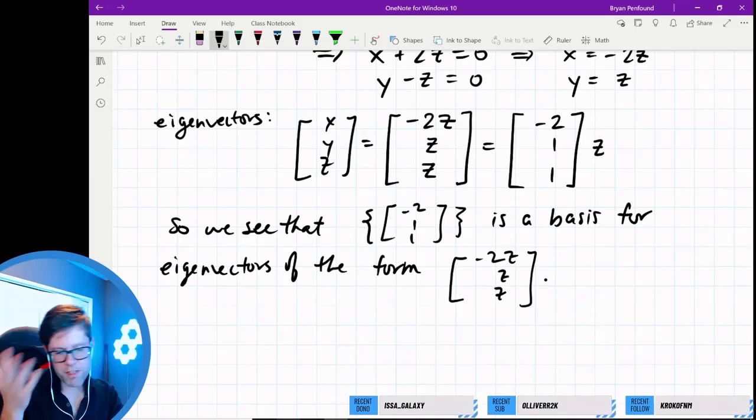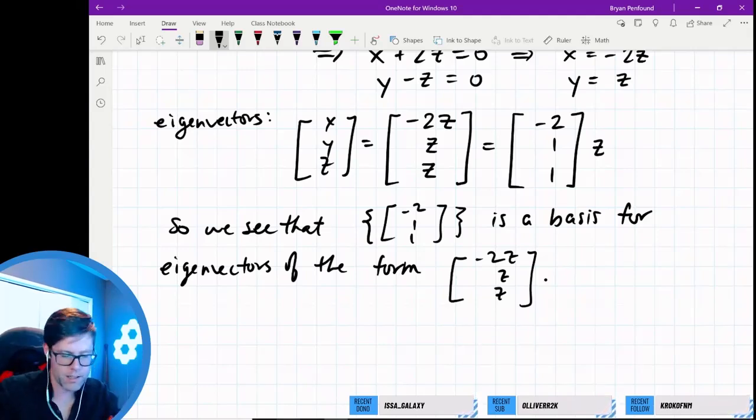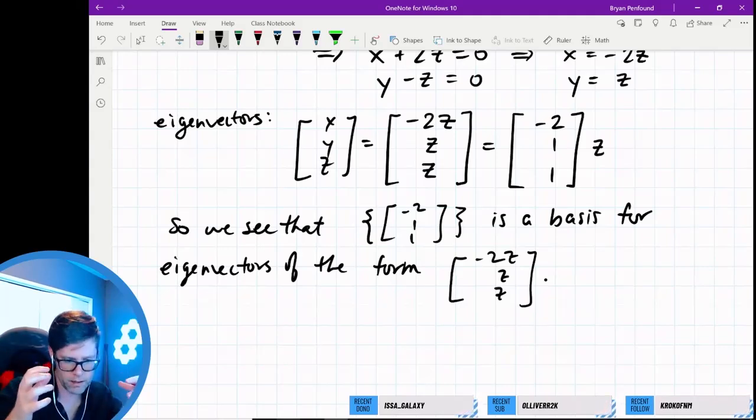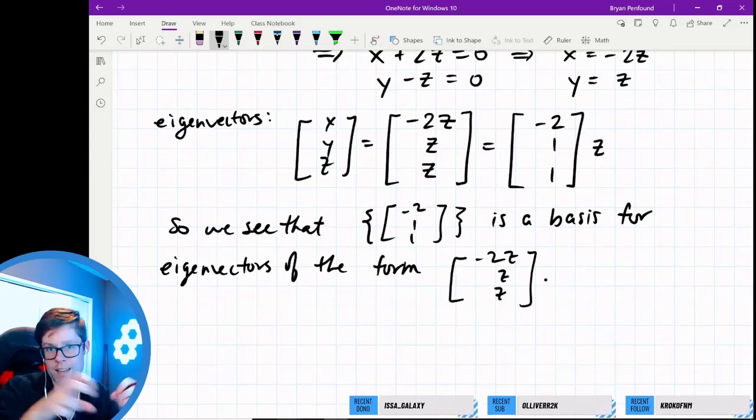Now, theoretically, we can argue a little bit here that maybe z shouldn't be 0 because we don't want this to be identically equal to 0, but maybe we don't care about that because it's not interesting. The idea here is that this is a subspace of R3, and I know that the 0 vector has to be a part of that subspace.